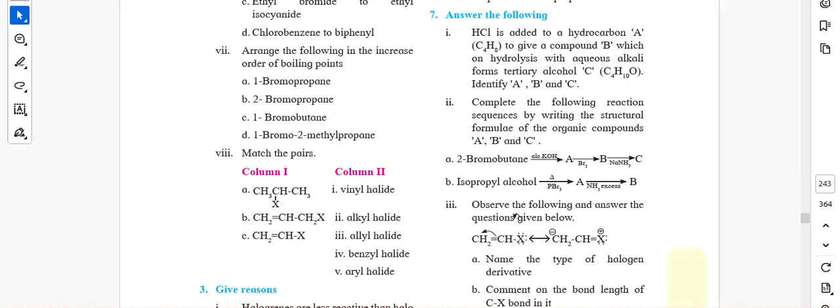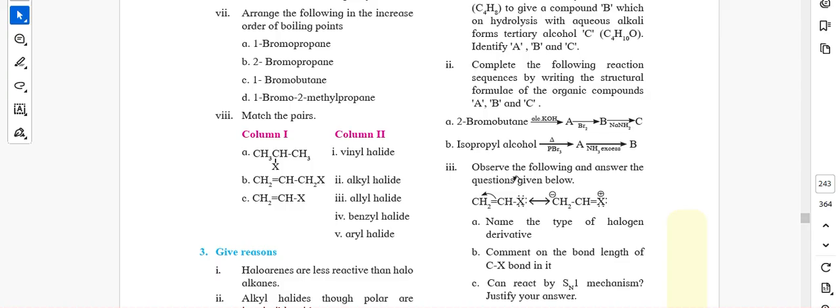For you, I can quickly revise all the preparation methods, or I can give you a flow chart. But before that, let's complete question number 3. Question number 3: observe the following and answer the questions below. CH2 double bond CH and X, and they have provided us a resonance structure like this.